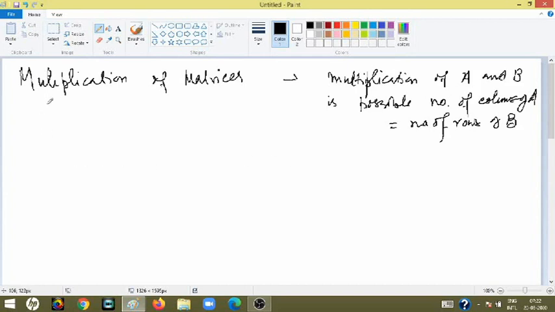That is, if A equal to Aij, m cross n, and B equal to Bij, n cross p. Now let us see that the number of columns is equal to the number of rows.